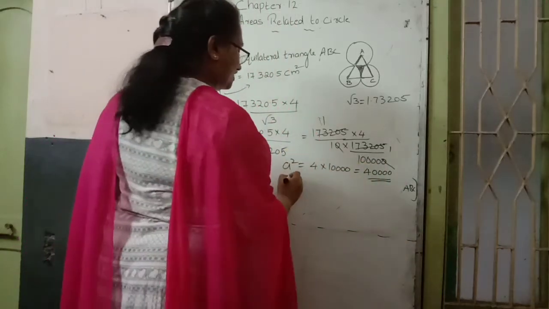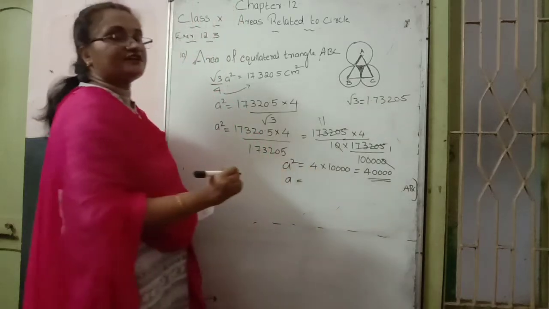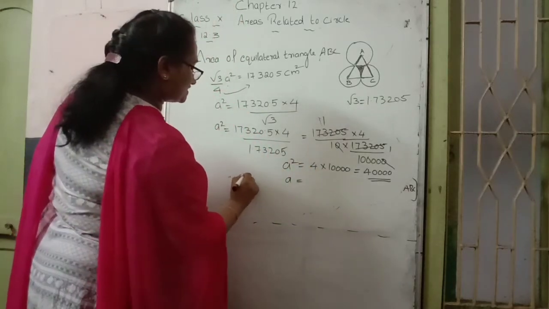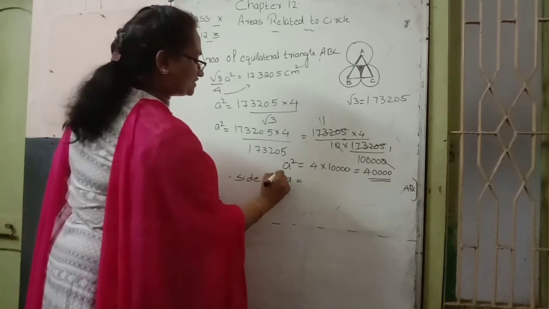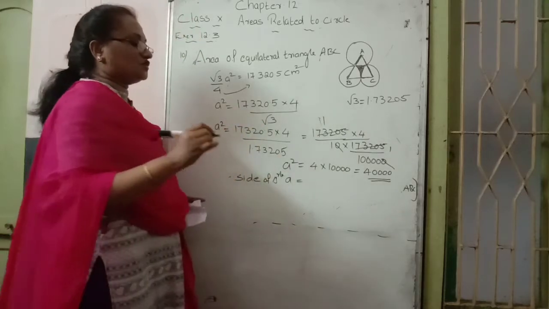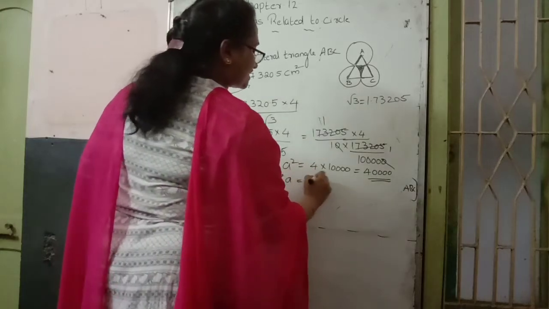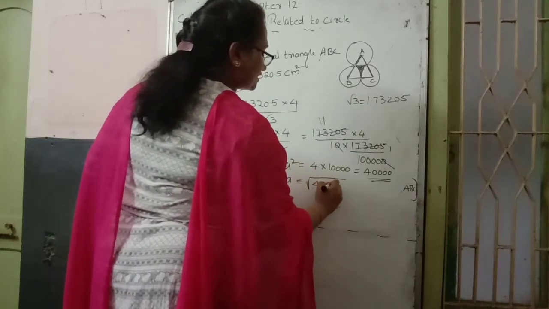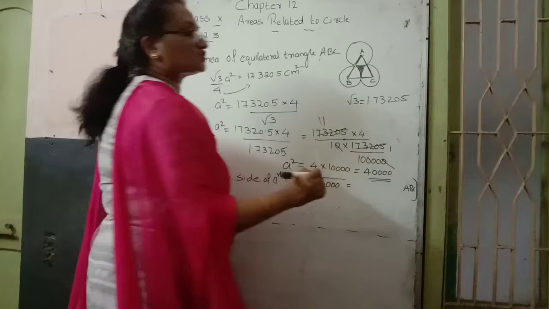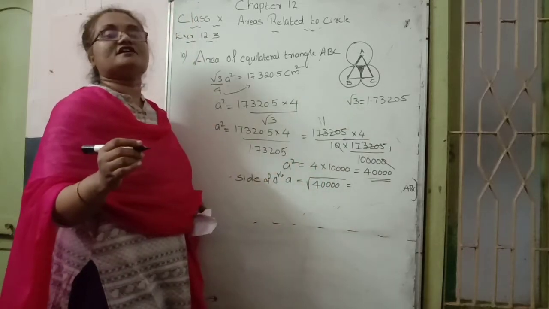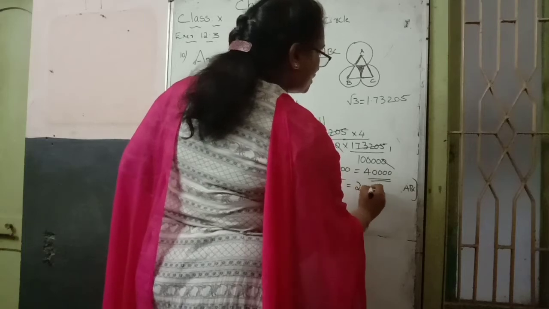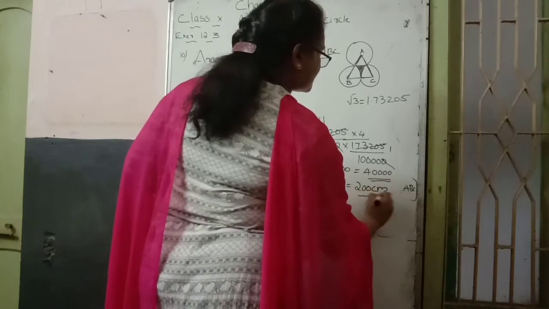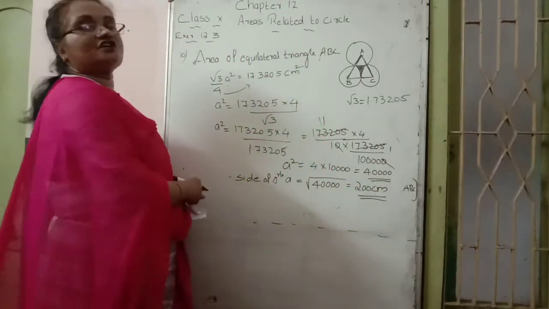We want a, the side of the triangle. How to find it? Take the square root of 40,000. 40,000 is the square of which number? 200. 200 into 200 becomes 40,000. So 200 centimeters is the side of the equilateral triangle.